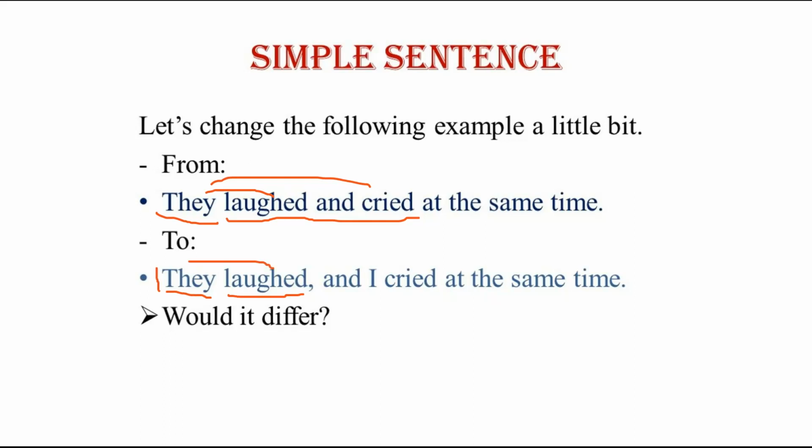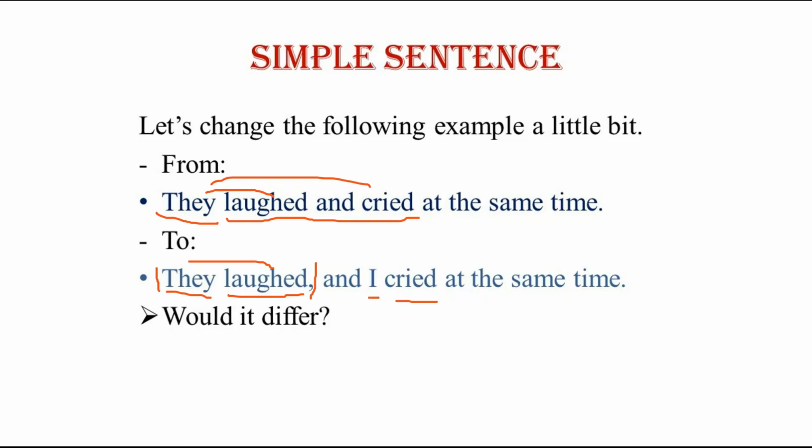Okay? After the comma, we have another subject, which is I, and another verb, which is cried. So I was crying, but they laughed. So this is not a simple sentence. It is obviously a compound sentence. They laughed and I cried at the same time.